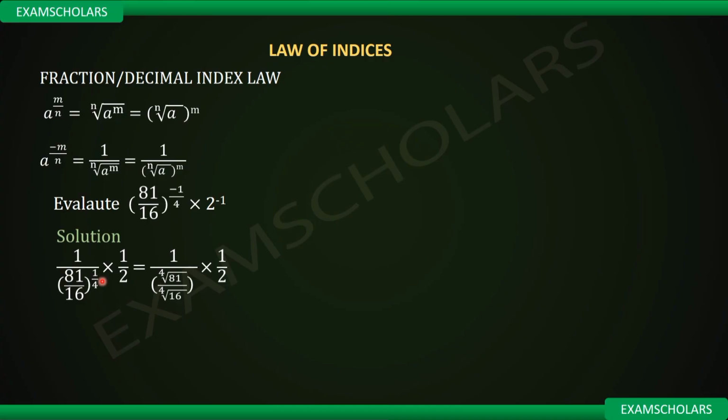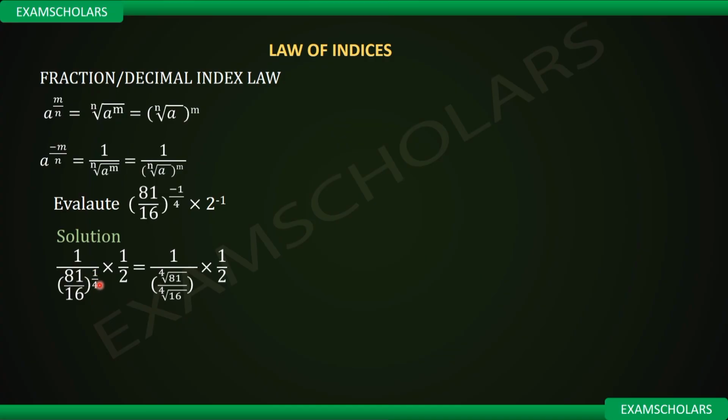So when you have a over b and everything is raised to another power, the two of them can take the power separately, individually. So 81 can have the whole of 1 over 4 here, and 16 can have the whole of 1 over 4 here, the power. So that is what we have here. Now for 1 over 4, the power here, the one that is your numerator is 1, isn't it?